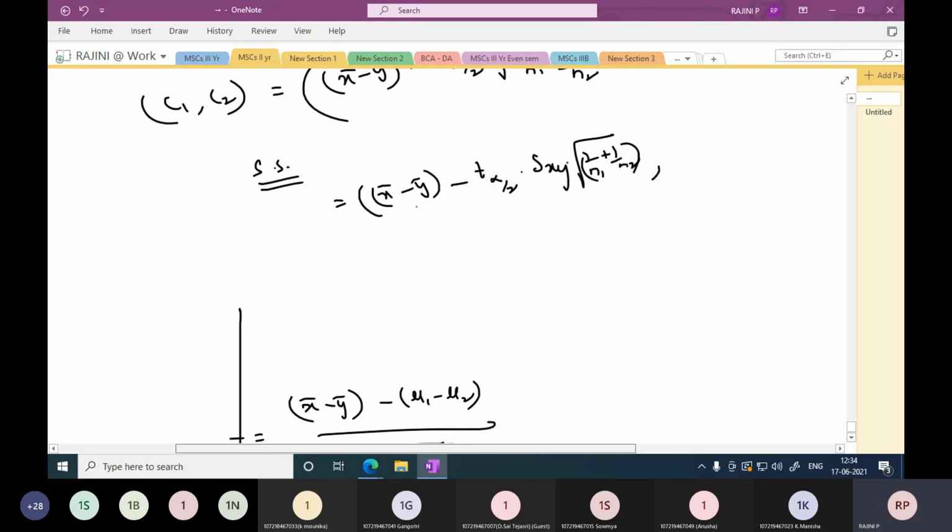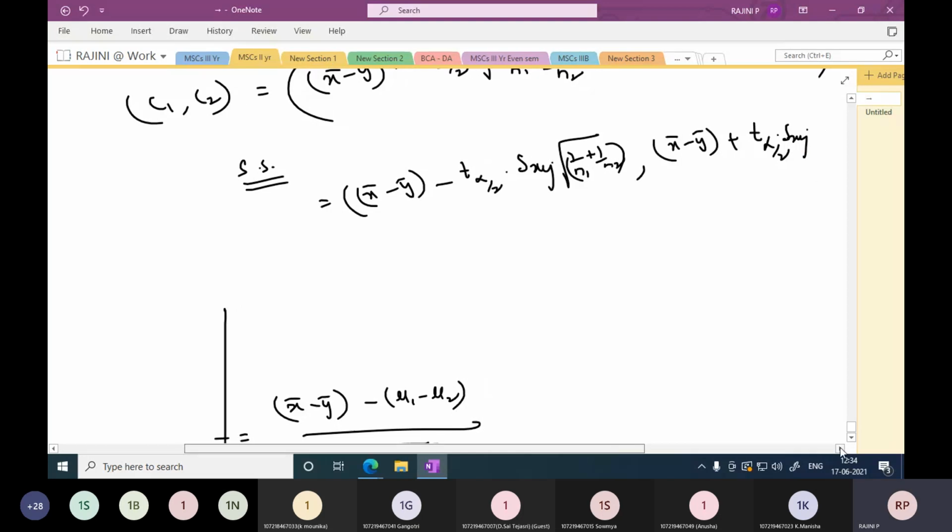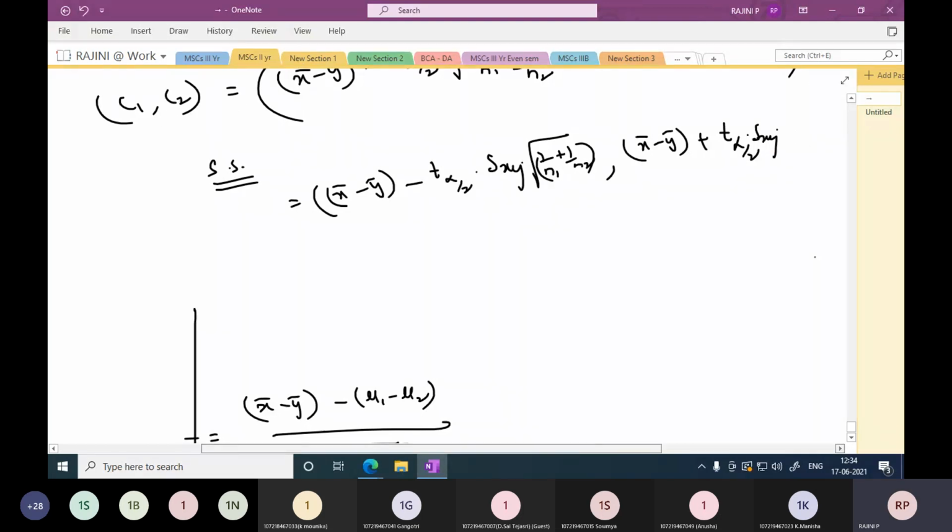And similarly, X bar minus Y bar plus T alpha by 2 into Sxy into the root of 1 by n1 plus 1 by n2. Is it clear? Be careful. You first need to write the test statistic, and then from the test statistic, you need to write the confidence limits.